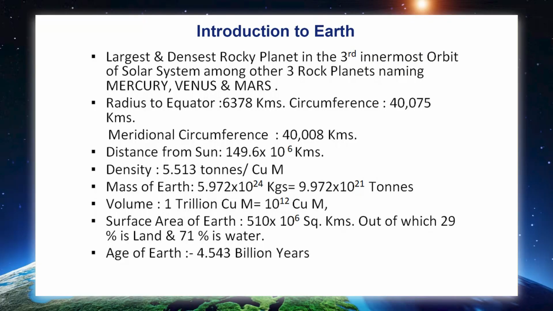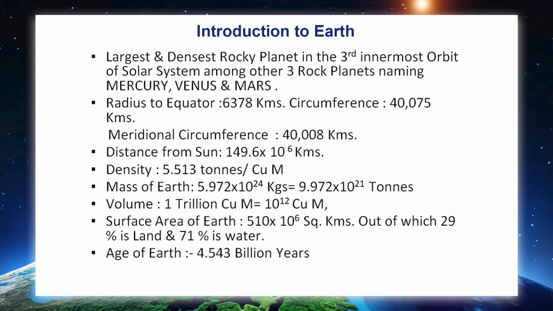What is the age of the earth? 4.543 billion years. What is billion? In the English way of expressing numbers, you know very well, but I am repeating once for better understanding. 10 to the power 3, that means 1000, is a thousand. Million means 10 to the power 6, after 1 there will be 6 zeros.